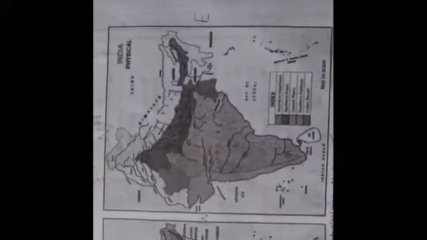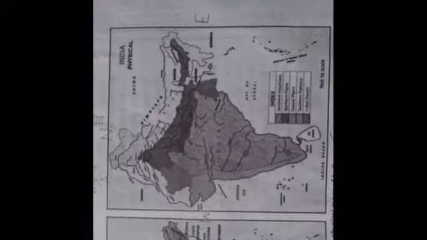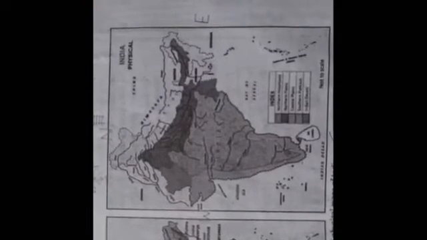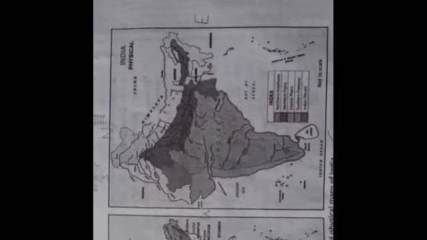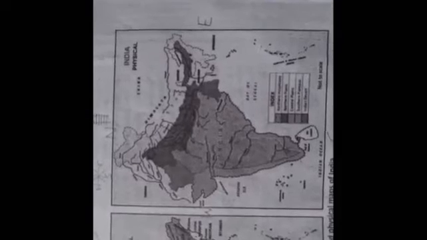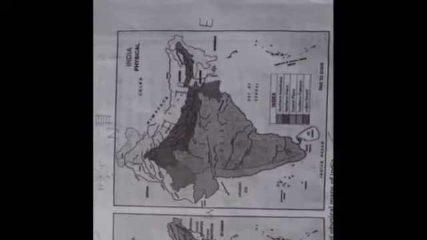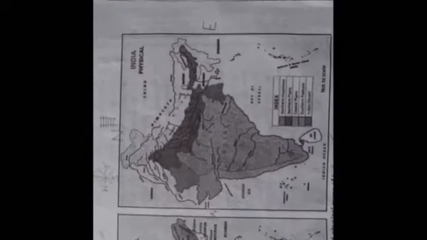Now, how to read a map? People who make maps use different colors, signs, and symbols to show various things on a map, and this is called the language of a map. If we have to understand the information given on a map, we must know its language.